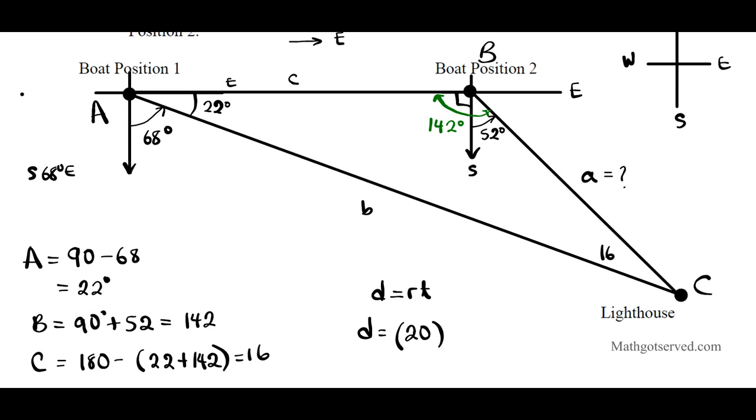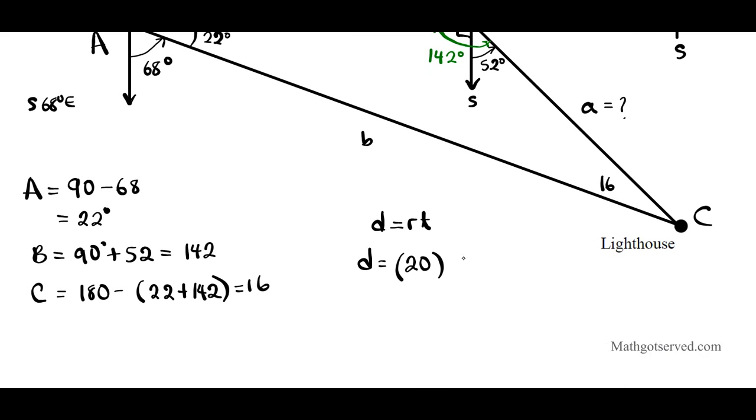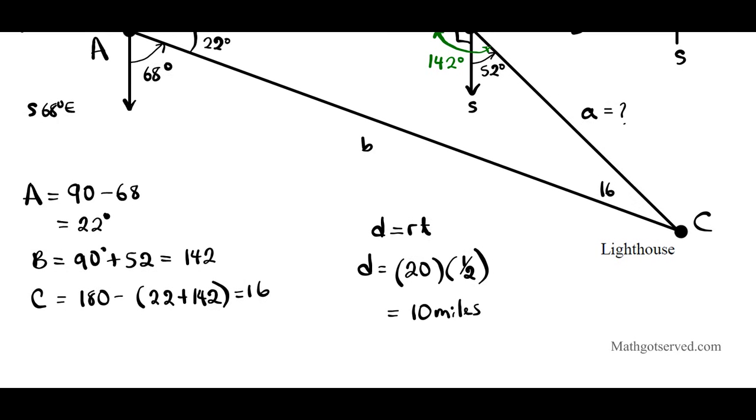The time is 30 minutes, but we have to be consistent with our units. Since the rate is in hours, 30 minutes equals half an hour. So the time we multiply by is 1/2. If you cover 20 miles in an hour, then in half an hour you cover half of that, so it's 10 miles. 10 miles is the distance that the boat traveled within 30 minutes.